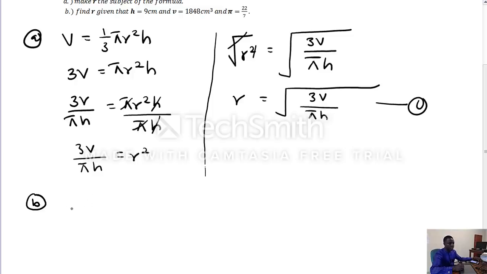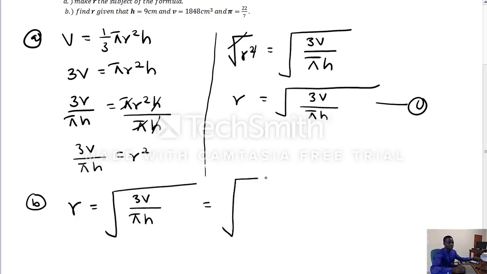So we'll just go straight ahead and substitute, where the relationship says R is equal to square root of 3V divided by pi H. This will be equal to square root of 3 times V, where V is said to be 1848 divided by pi is 22/7 times our H being 9/1.